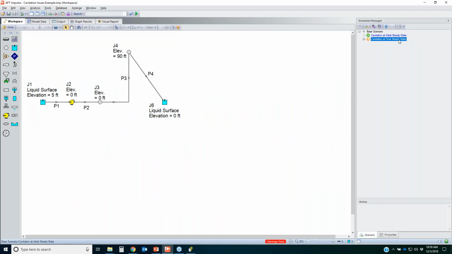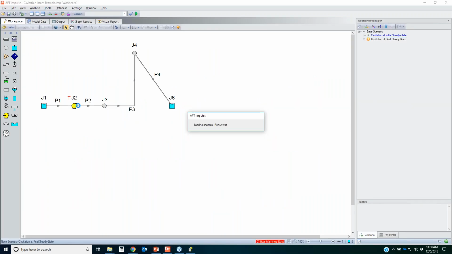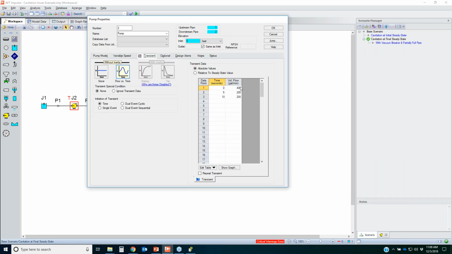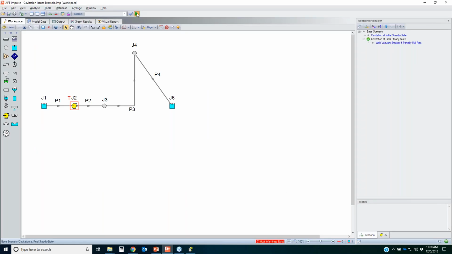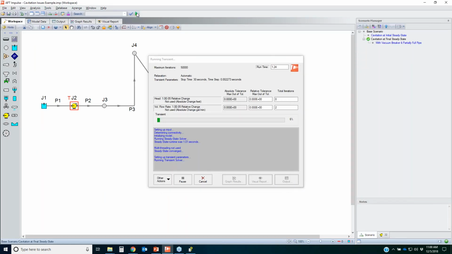So here's this scenario. And again, my pump is starting at 400 gallons per minute, dropping down to 200 gallons per minute. So when I run that, I forgot that I already had results.